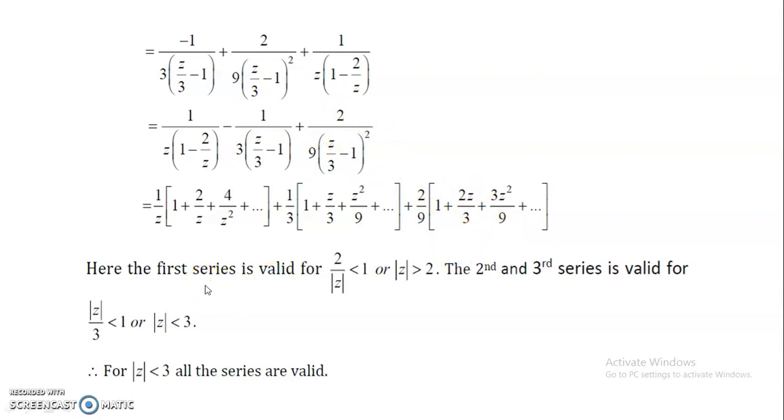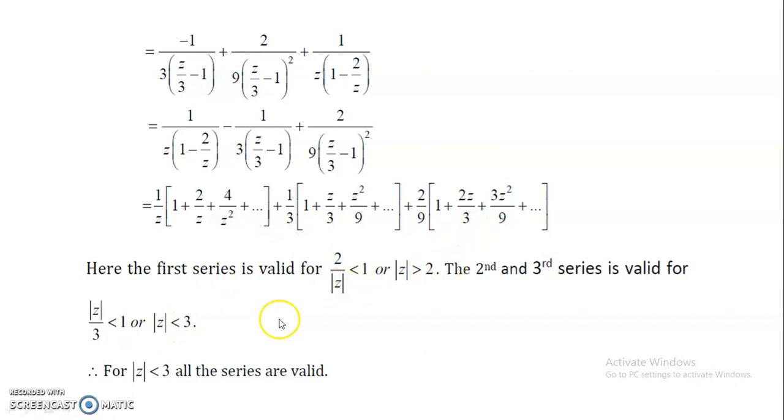Here the first series is valid for 2 by mod z less than 1, as we have seen. It means mod z is greater than 2. And the second and third series are valid for mod z by 3 less than 1.